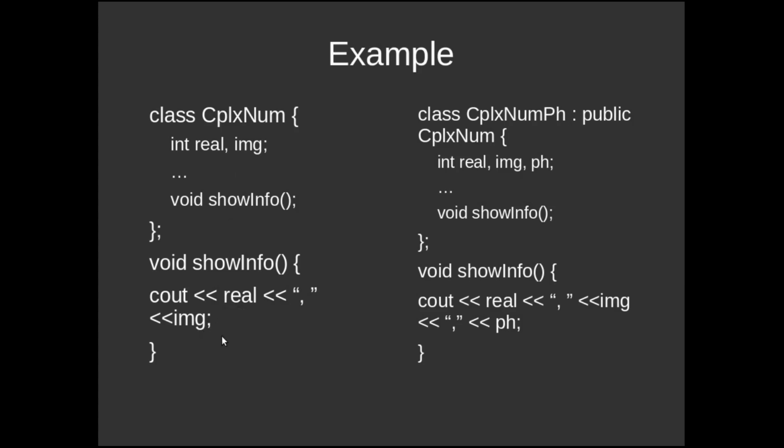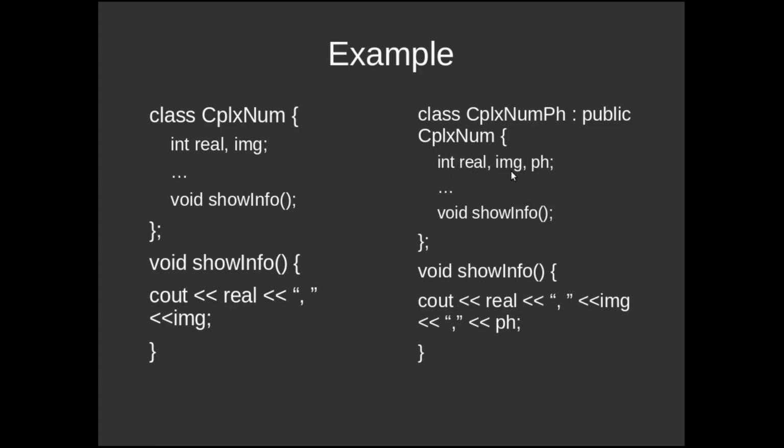On the other hand, on the right hand side, we see that there is another class called cplx num ph, which derives the properties from the base class cplx num. It has the same member variables, real and imaginary, although they are not supposed to be here.